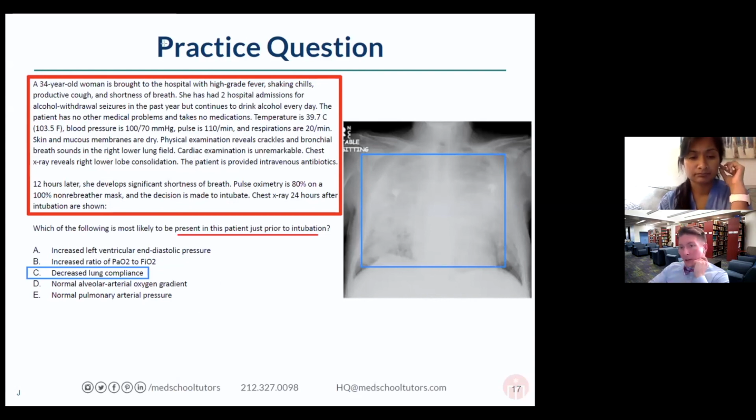Going through the other answer choices here, these are some pretty tricky answer choices. The ratio of PaO2 to FiO2 goes down in ARDS, not up. And so that's the kind of trick answer that they're supplying here. And the AA gradient in this case, we're inhaling 100% oxygen. So our alveolar oxygen, to the extent that it exists, is very high, where our arterial oxygen is very low.